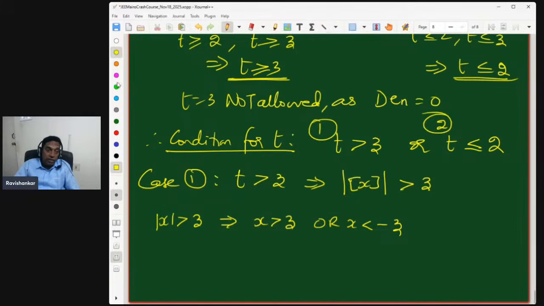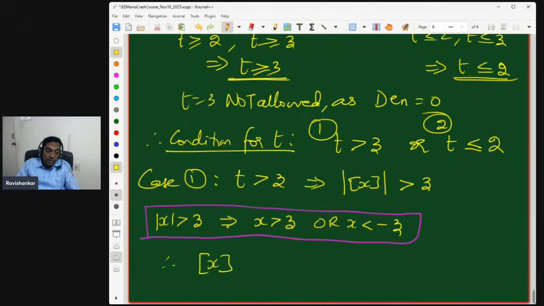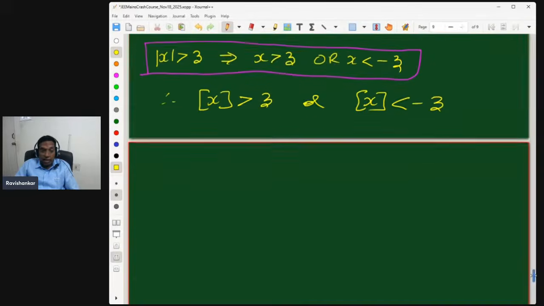Therefore, in this particular case, instead of mod x, you have mod of greatest integer x. So greatest integer x greater than 3 or greatest integer x less than minus 3. These are the two things that you get under case 1.